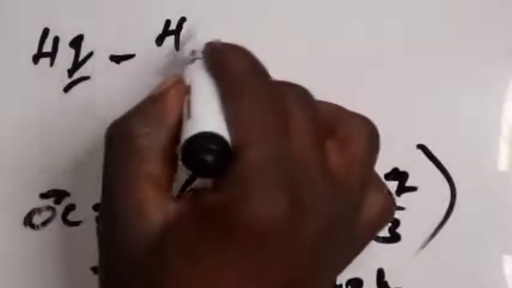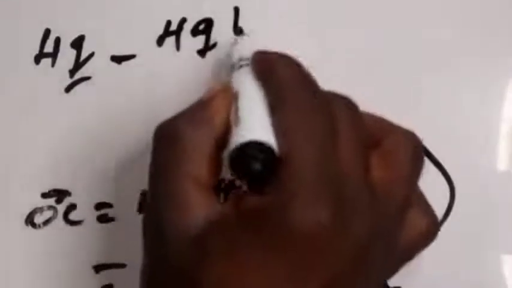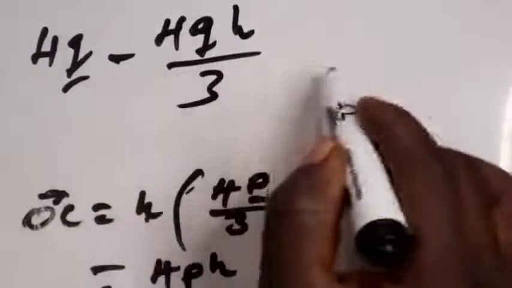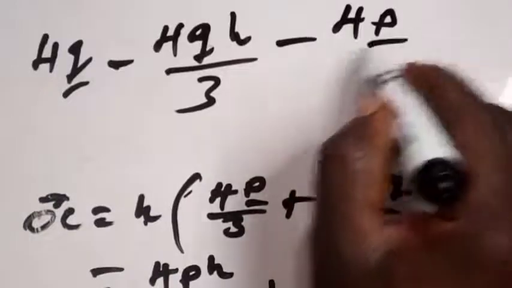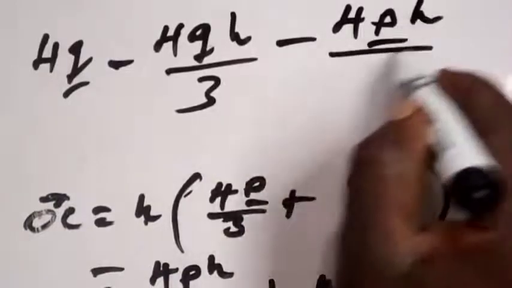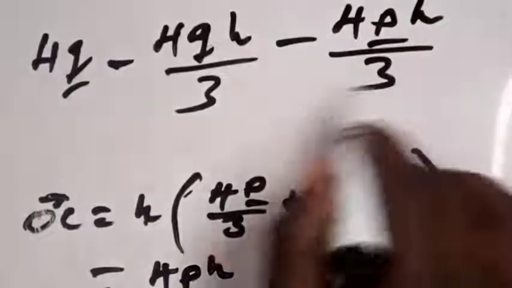So 4q minus 4qh over 3 minus 4ph over 3.